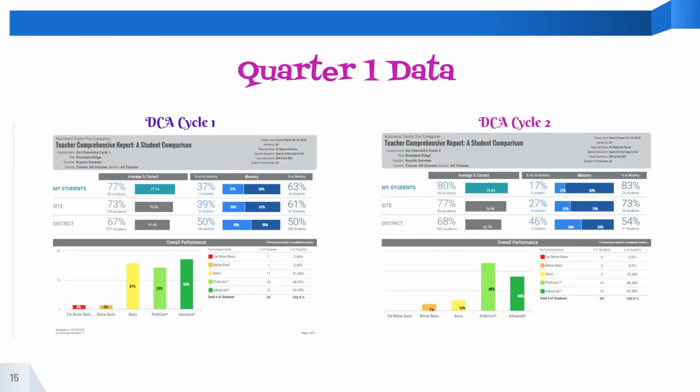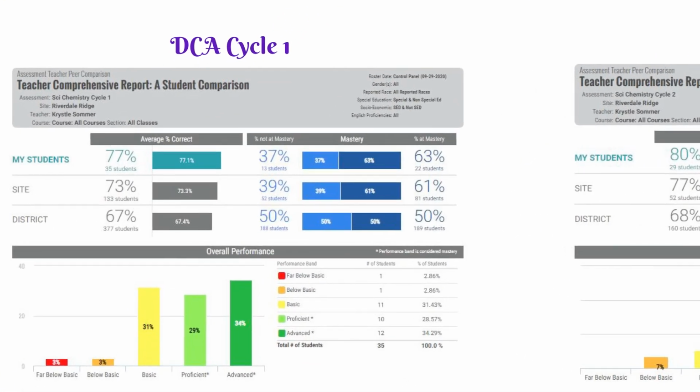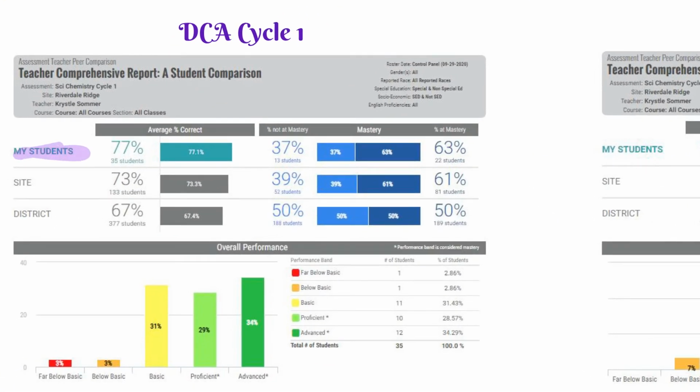So I'd like to just share with you guys some of my results from our district common assessment. Every kid taking chemistry in Q1 has taken these tests throughout the district. And I wanted to show you that the self-paced mastery-based class is working. So if we look over here, my students, this is me, 77% had the average percent correct.